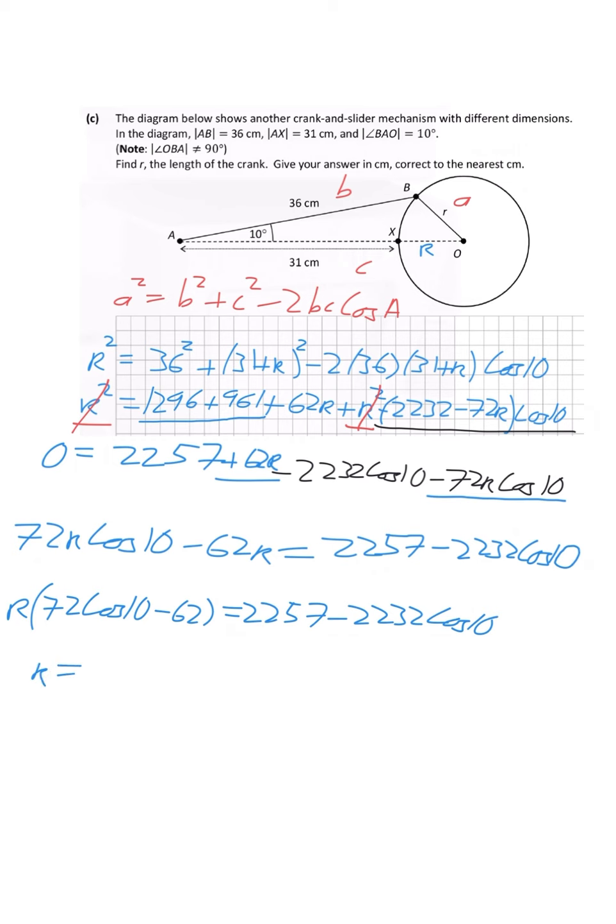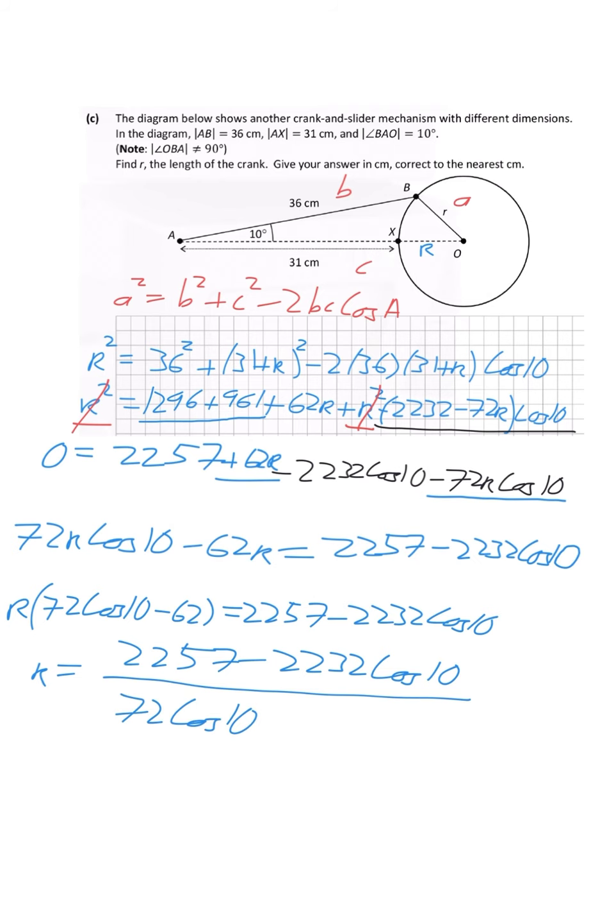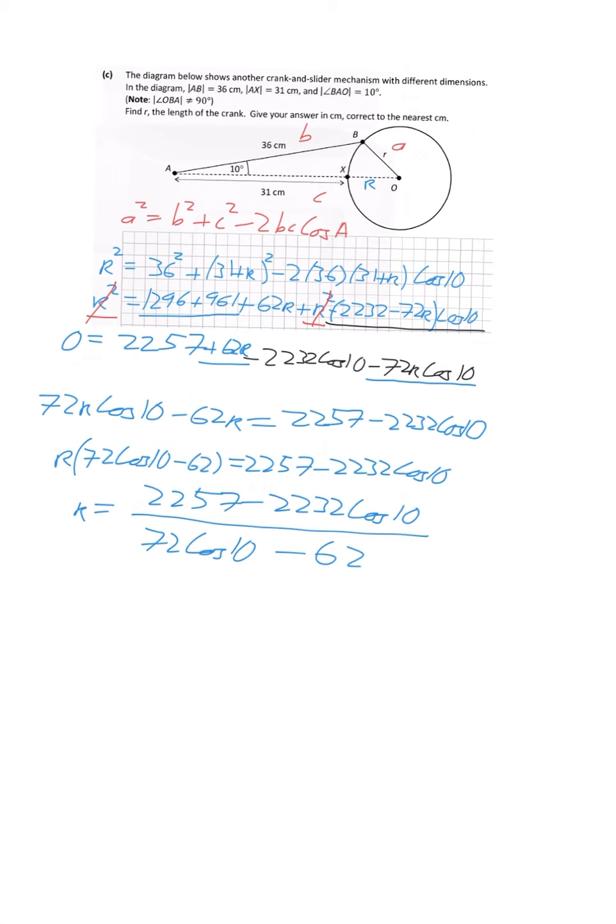So R is equal to 2257 minus 2232 cos 10, all divided by 72 cos 10 minus 62. Now putting all that into the calculator gives us 6.6144, and we're asked to correct it to the nearest centimeter, so R is equal to 7 centimeters. And there's our answer.